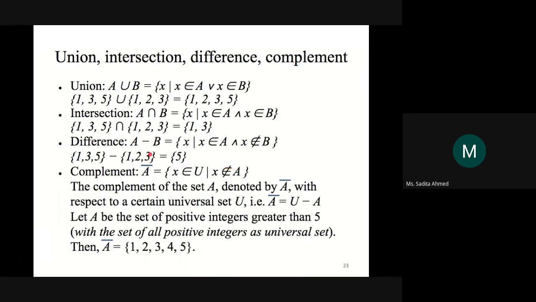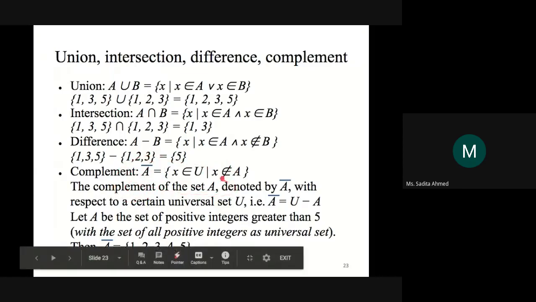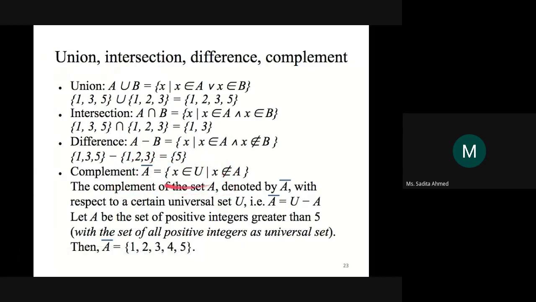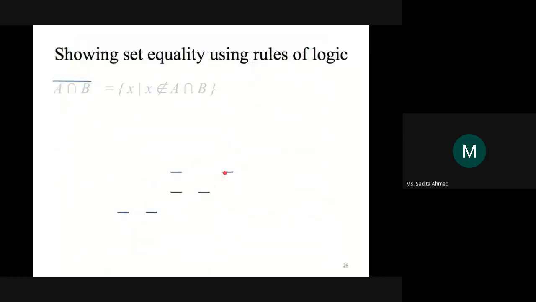A bar, the complement of A, will contain all elements which do not belong to A. Simply, all elements X which belong to the complement will not belong to A. That's how we define it. So if you want to define this set in set builder notation, this set would contain all elements X such that X does not belong to A intersection B. With me so far, you guys? This is just by definition of the complement.